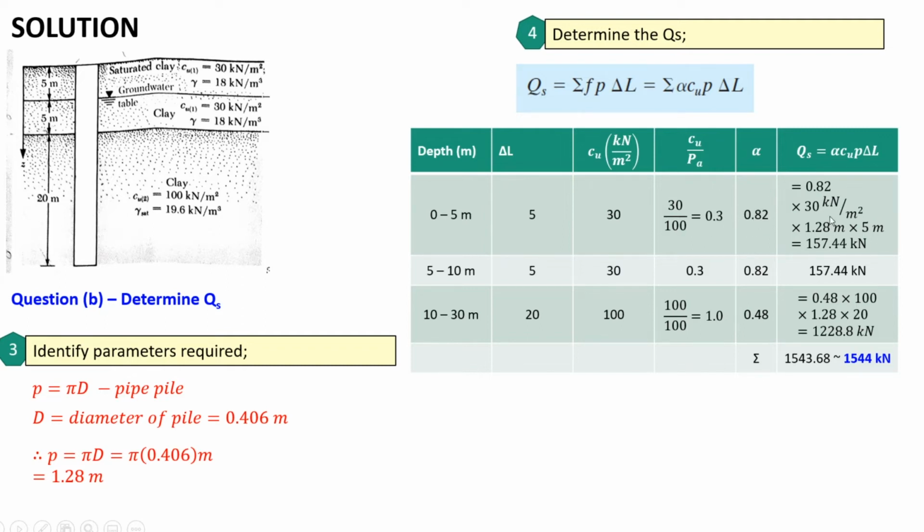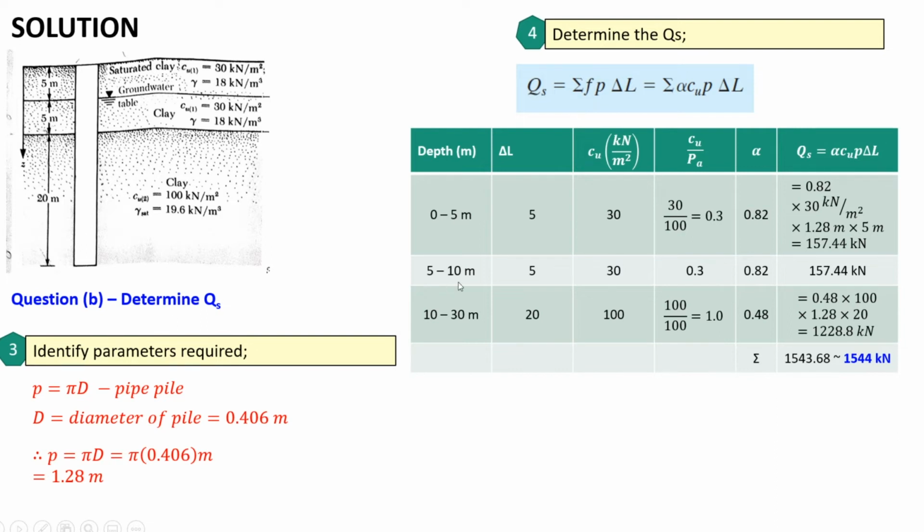So we can get the QS for this layer: alpha 0.82 times the Cu of 30, then the perimeter just now, 1.28 meter, and the delta L of 5 meter. Times 5, you will get 157.44.